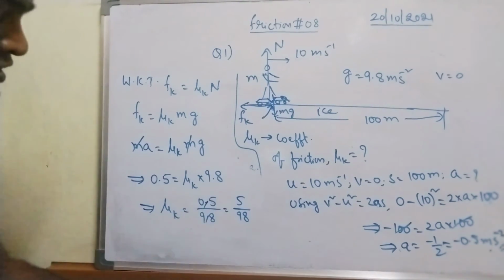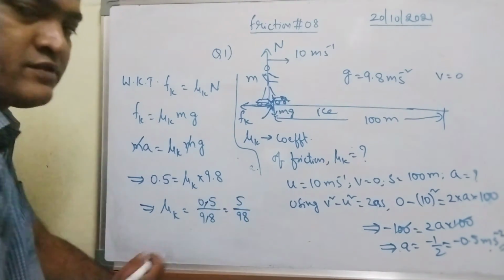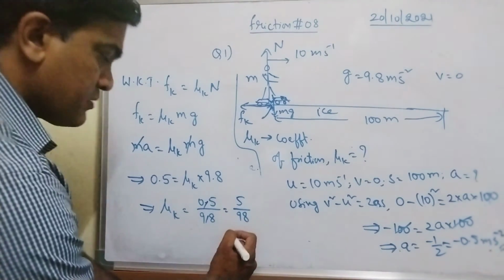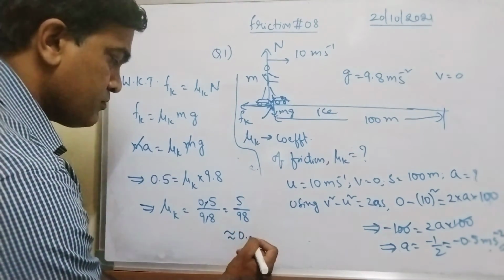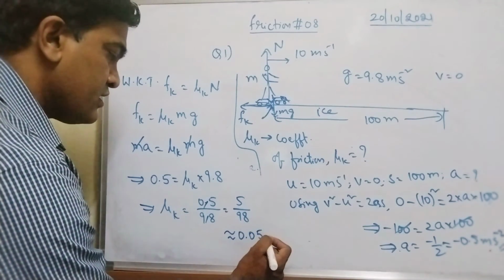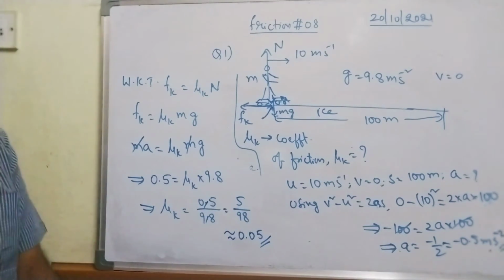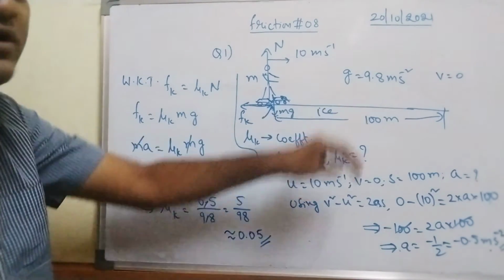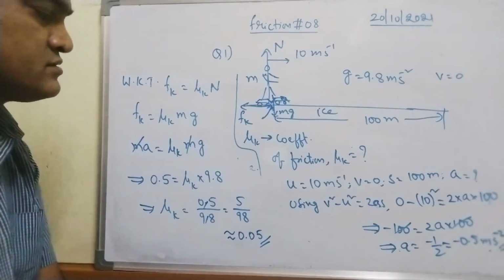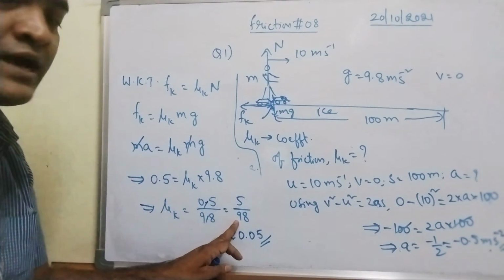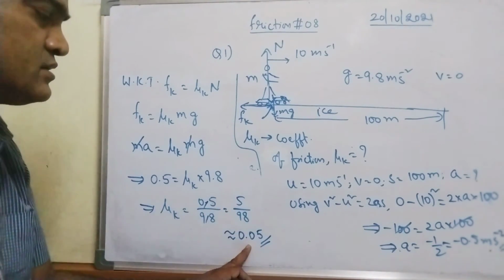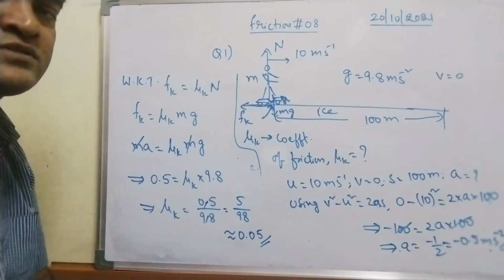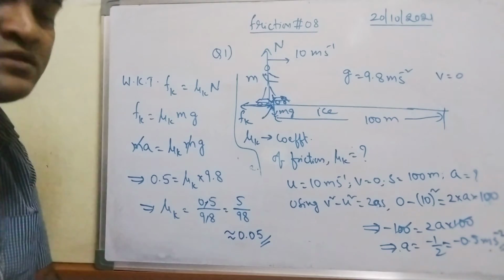Or if you take 5 by 100, you will get 0.05. So this is approximately 0.05, because I have taken 5 by 100. G value you can take 10, right? If you take 10, you will get 5 by 100, which is 0.05. Anyways, 5 by 98 is also close to 0.05. So it all depends upon the options that are given in the numerical.